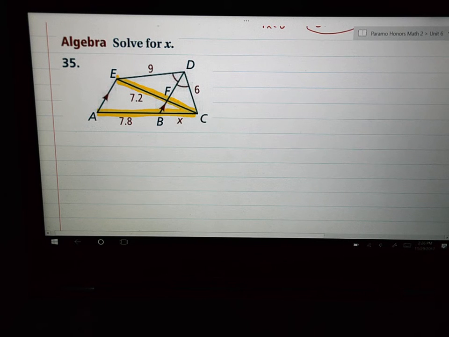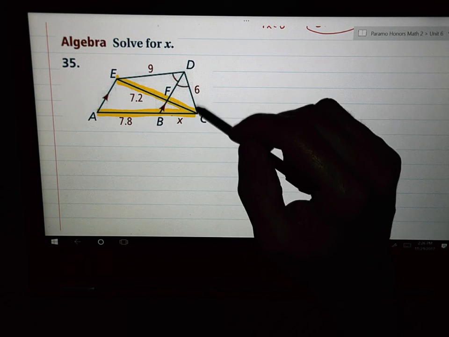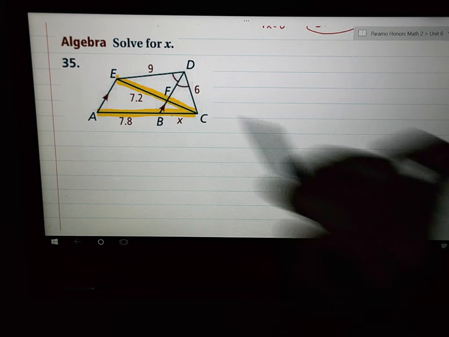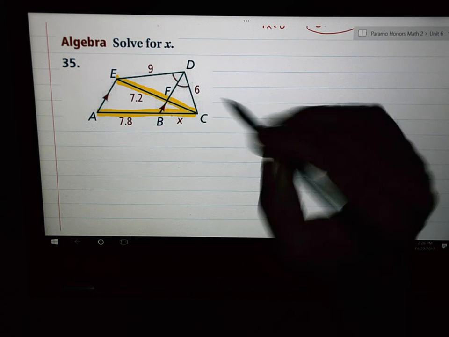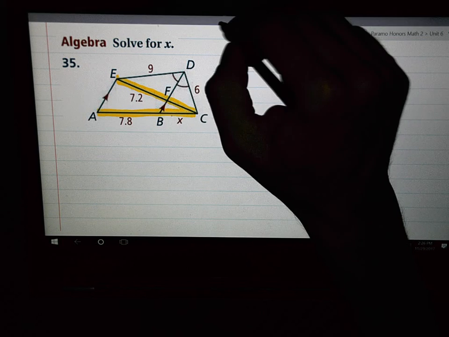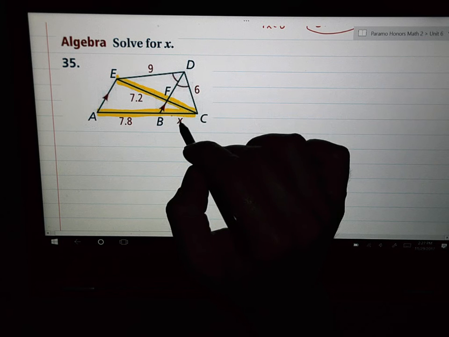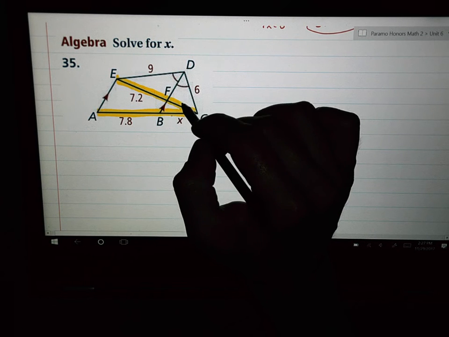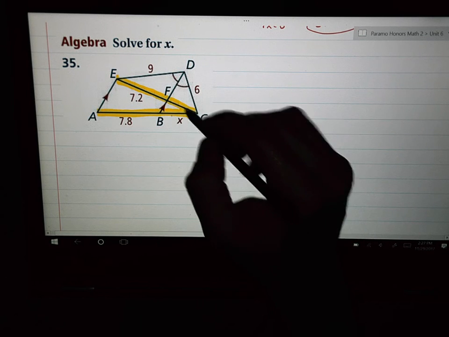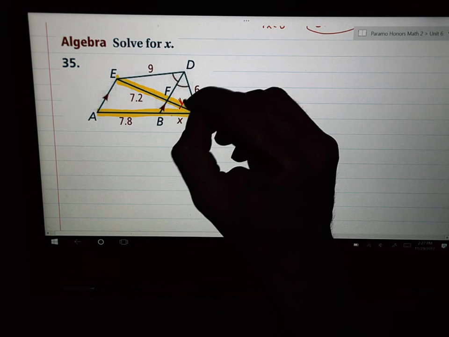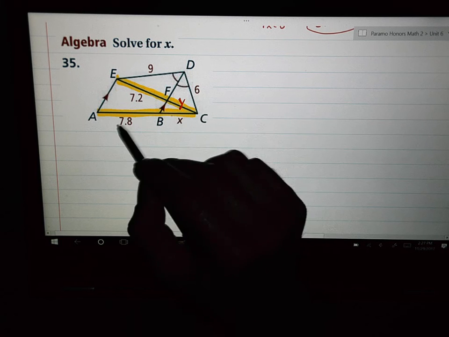If I want to use the side splitter or the corollary to the side splitter theorem, I can only use transversals. The 6 and the 9 are not transversals because they're not a continuous line that goes through the parallel lines. So if I'm doing this, I can't figure out what x is unless I know what FC is. I've got to figure out what this is first so that I can then figure that out.